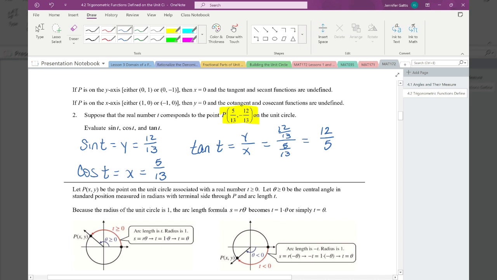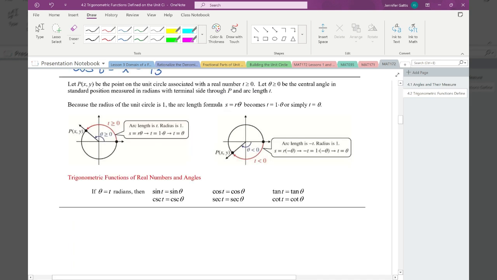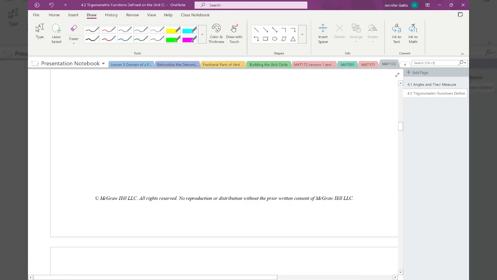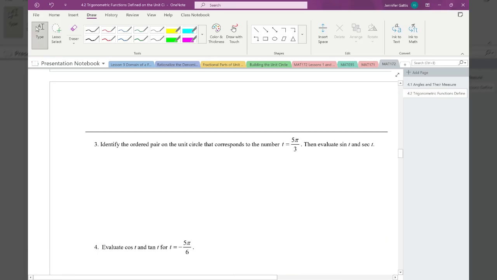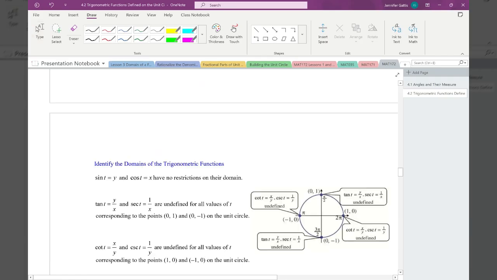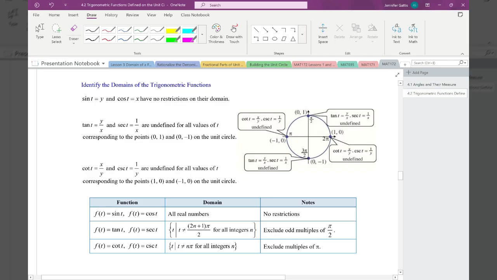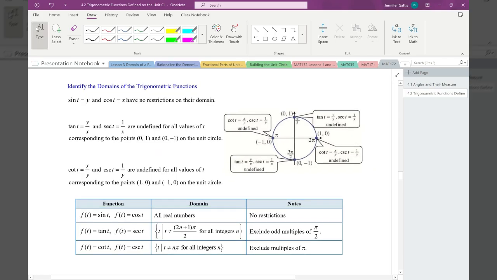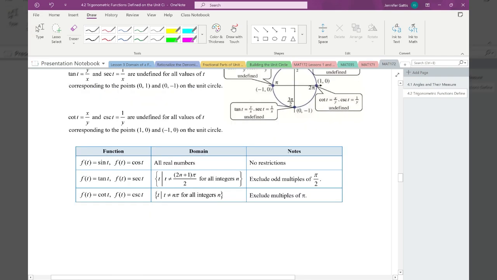Okay. The last thing that we're going to talk about here is domain and range of our trig functions. And then we're going to come back and do some examples. So the domain of sine and cosine is all real numbers. There are no restrictions. The range, though, is only from -1 to +1.